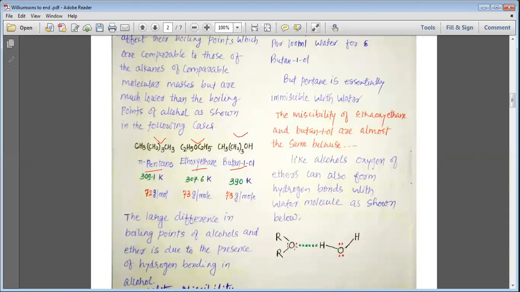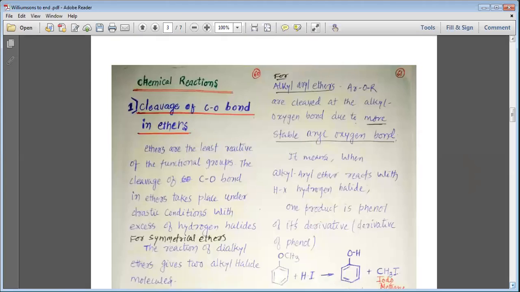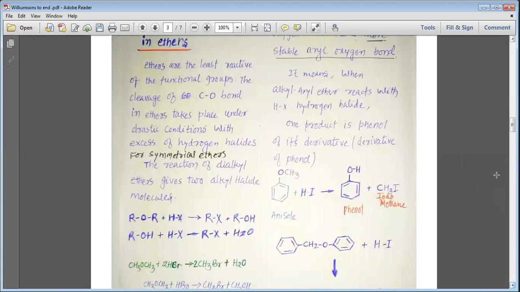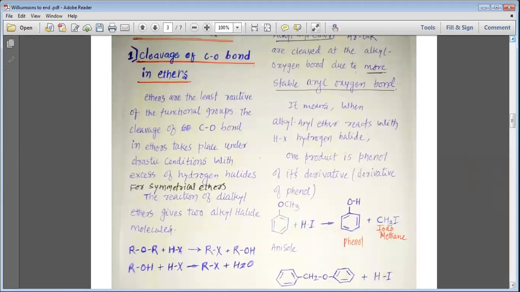But when it comes to the solubility, my dear students, ether can even make hydrogen bonding with water, and that is why ethers are quite soluble as compared to the hydrocarbons. As alcohols are miscible with water, ethers are also miscible with water, and their solubility is comparable with the solubility of alcohols.